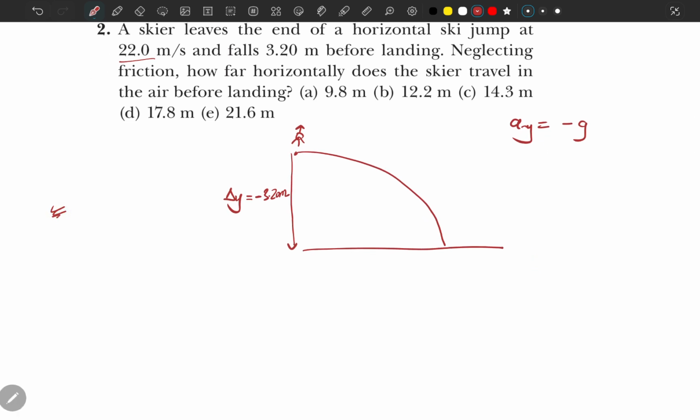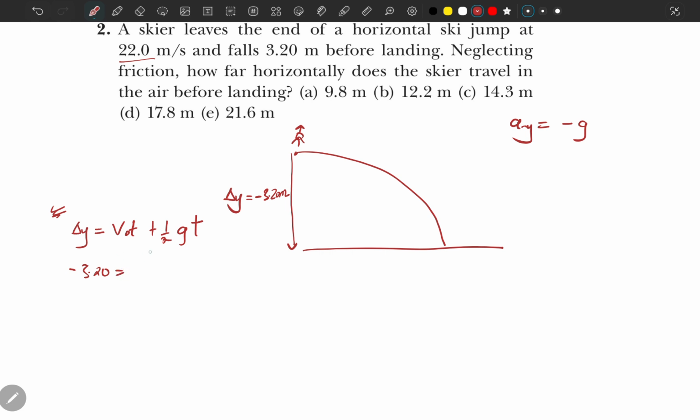We can use this equation of motion to find the time of flight: y equals initial velocity times t, plus one half times acceleration g, multiplied by t squared. You remember this equation, isn't it? Let's plug in what we have now. Because the person is falling, this would be negative 3.2.